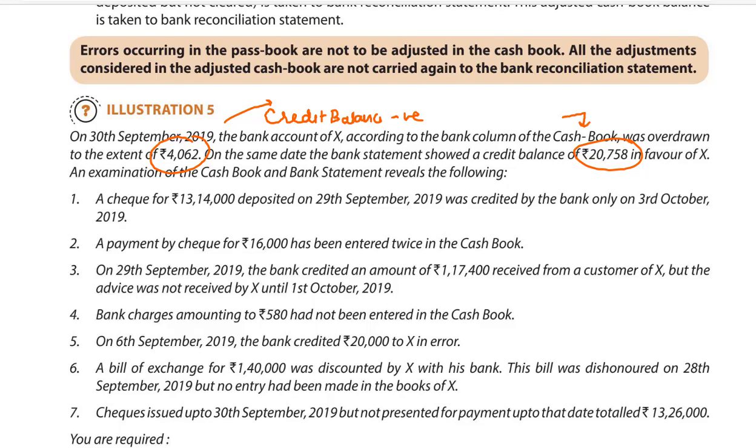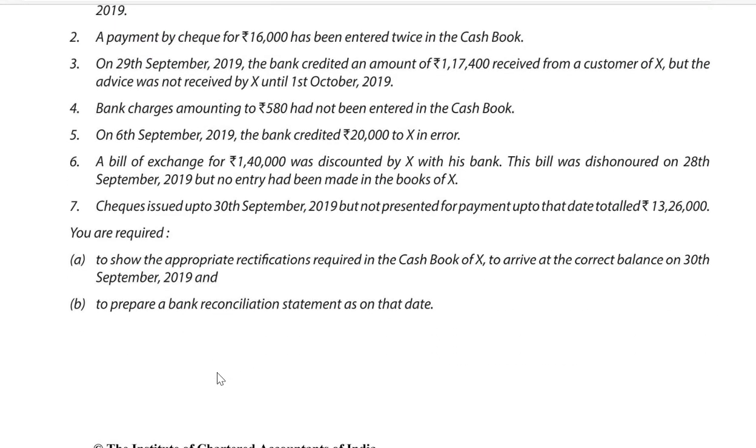Adjustment needs to be made to show the appropriate rectifications required in the cash book of X to arrive at a correct balance. So we have made certain errors in the cash book that need to be corrected first, and with the corrected balance of the cash book we'll try to do the BRS.